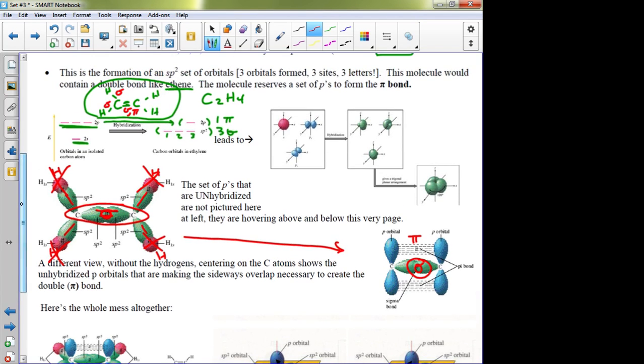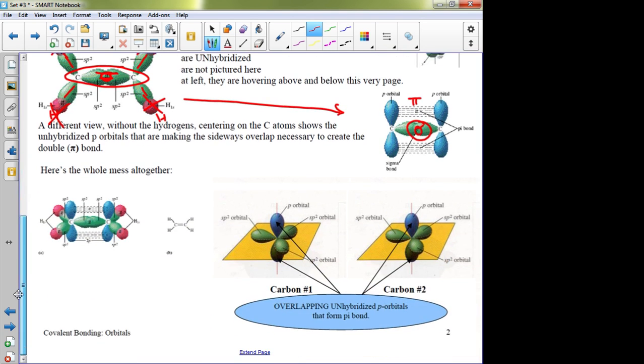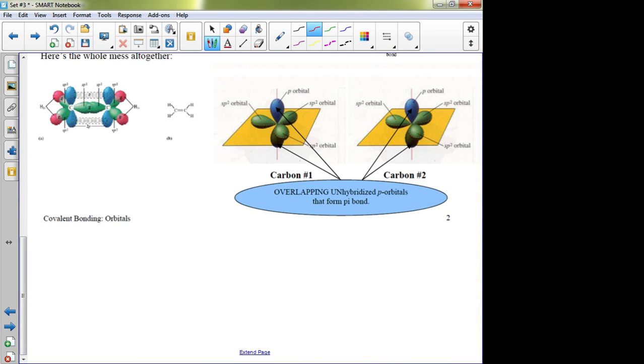So, again, am I necessarily concerned that you know all of this? No. Here's what I'm concerned with. I have C double bonded to C with the H, with the H, with the H, with the H. And I ask you, what is the hybridization of this molecule? So I pick a carbon. I'm going to go with this carbon.